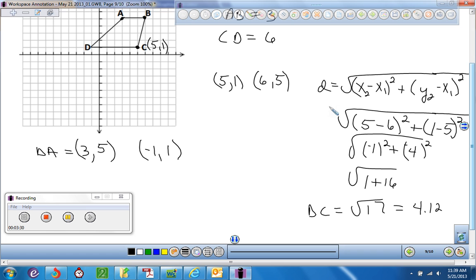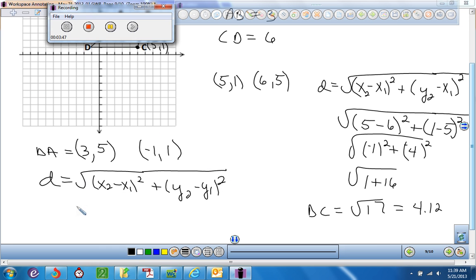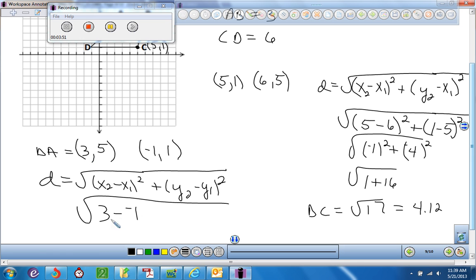Alright, and so then we're going to use the distance formula again. So distance, change in X squared plus the change in Y squared. Alright, so I'm just going to take 3 minus -1. So I'm taking the difference in the x's. Then I'm going to take the difference in the y's. So it's going to be 5 minus 1 squared.